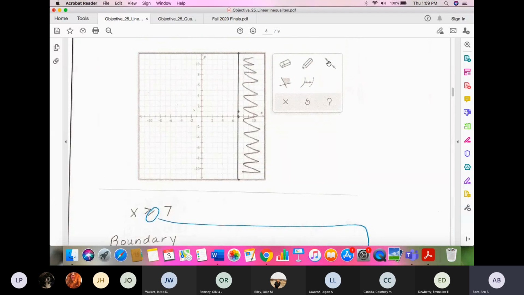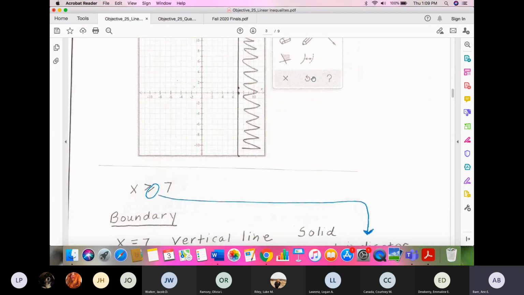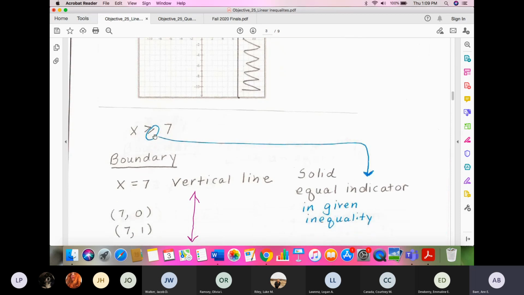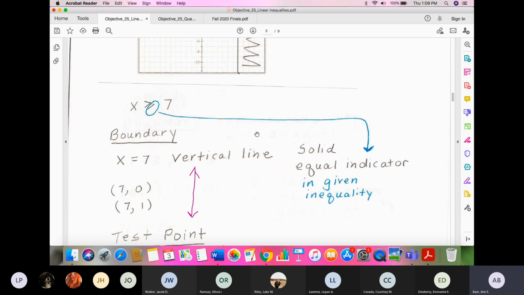Let's not get ahead of ourselves. We do have the equal indicator here, so that means we've got equals.